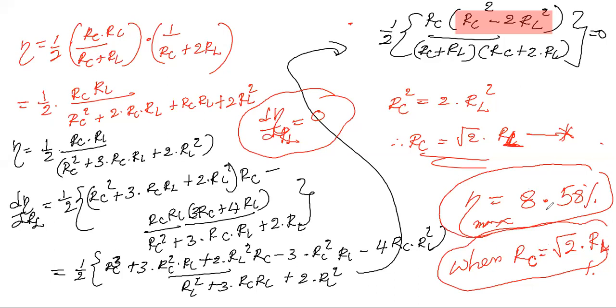So please note down how I compute that efficiency. This efficiency I found for RC equal root 2 times RL. Under that scenario, I have received the maximum eta value, around 8.58. Please write down this one.